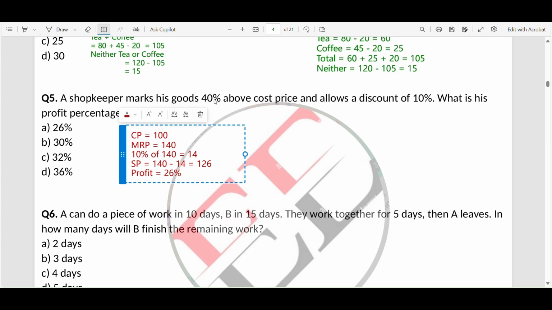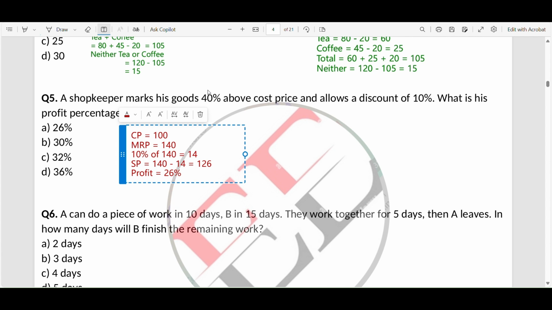See, whenever we are having any question in terms of percentages, you have to consider the big amount as 100. Here we are having 40% above cost price. It is related to the cost price. So cost price we need to consider as 100. And what is the MRP he marks on his goods?